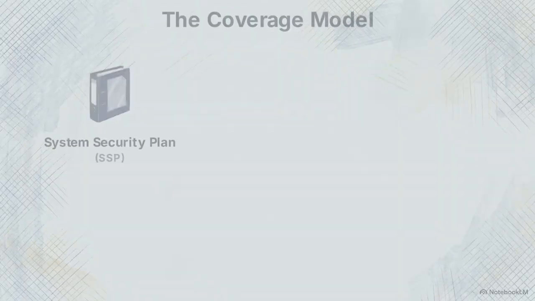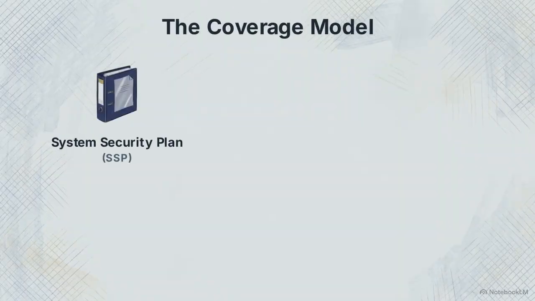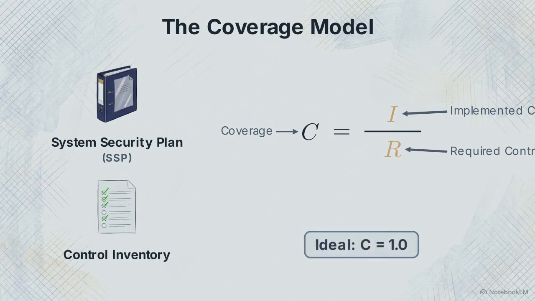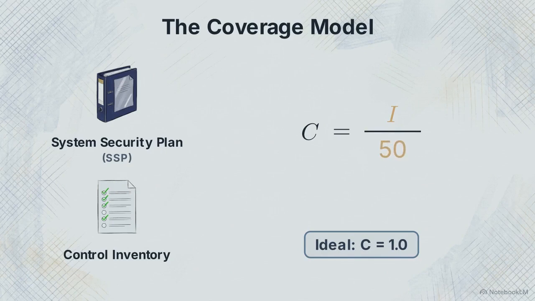This visualization shows a wireframe SSP document paired with our next metric, the coverage model. The formula reads, coverage equals implemented controls divided by required controls. We utilize this ratio analysis specifically to locate vulnerabilities in the physical architecture. A fully secure, ideal system must achieve a baseline coverage ratio of exactly 1.